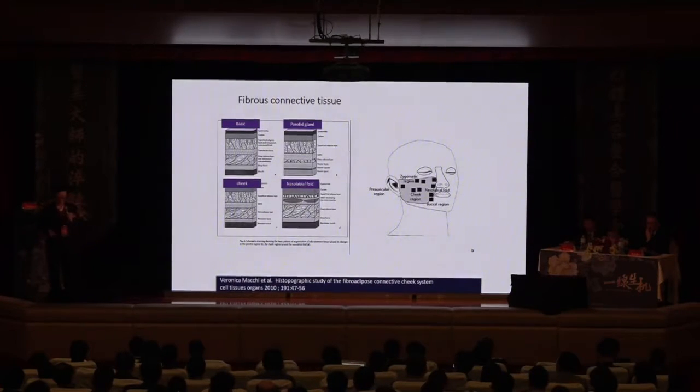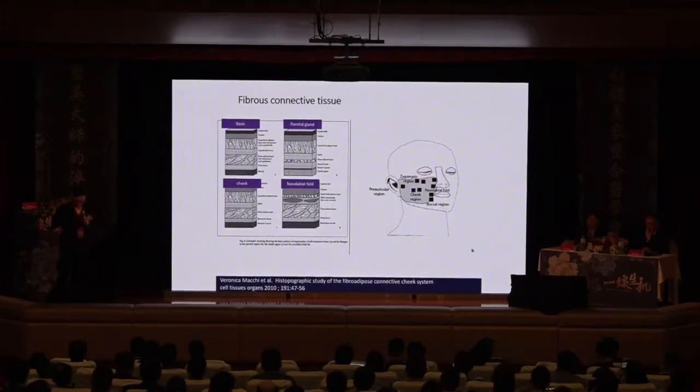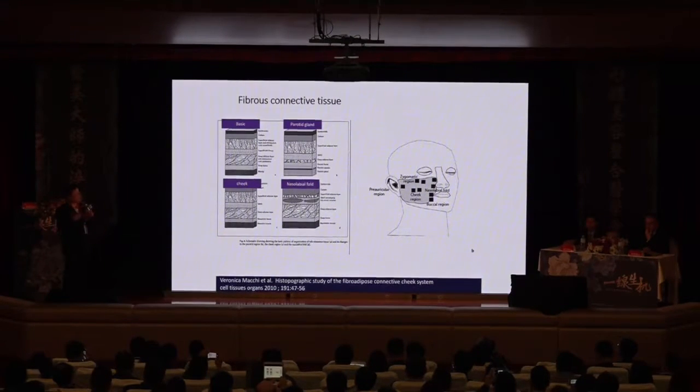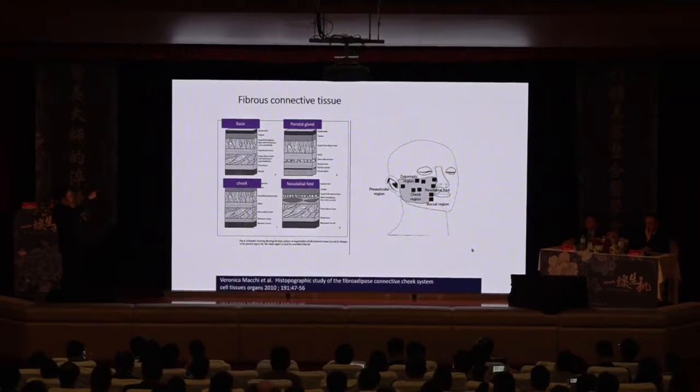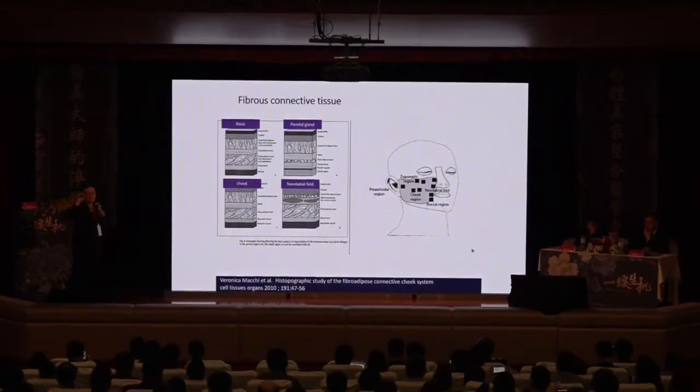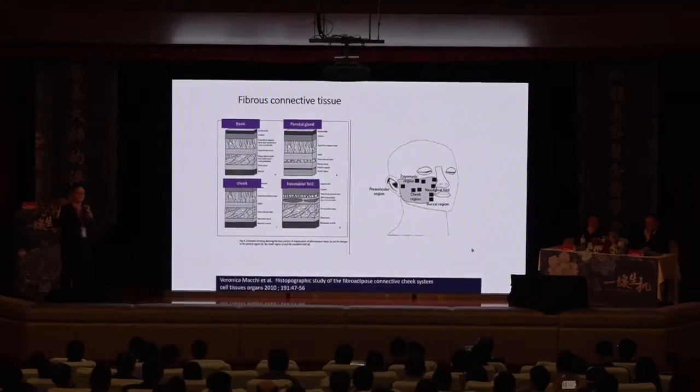This is the famous article, a histographic study of the fibrous adipose connective tissue system. In this picture, the basic structure is that the subcutaneous pad is dense, straight, fibrous adipose connective tissue. But in the deep pad area, there is oblique and relatively loose fibrous adipose connective tissue.